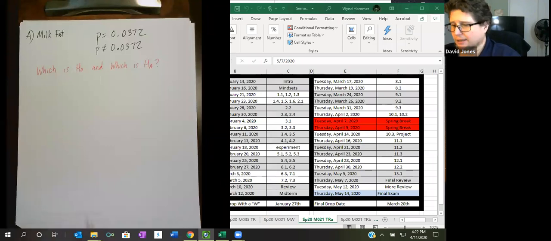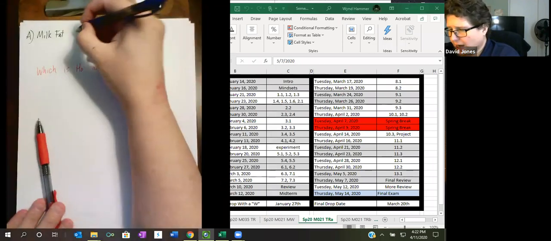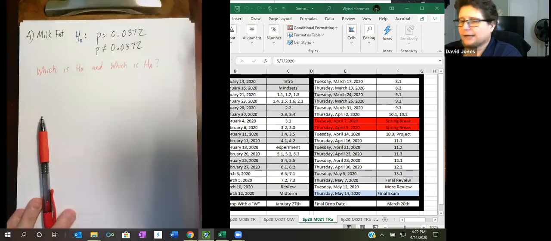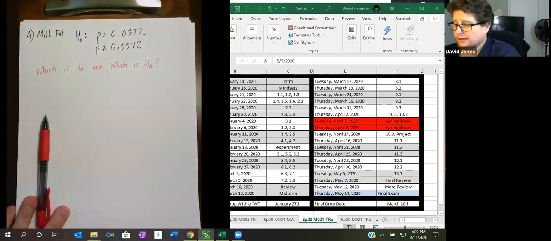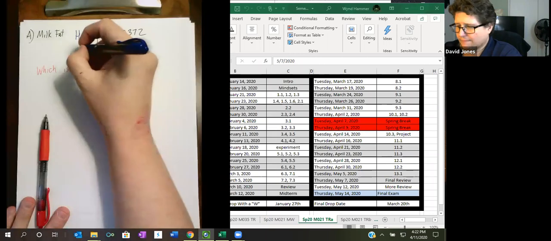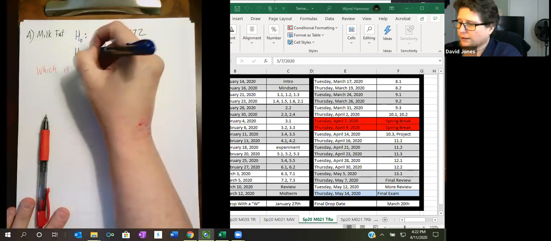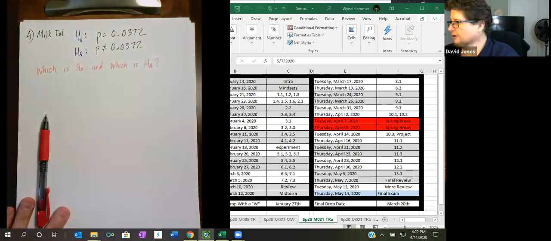H0 is the statement of equality. The top one has an equal sign. It's our null hypothesis. That makes this one our inequality, not equal. That's our alternate hypothesis.